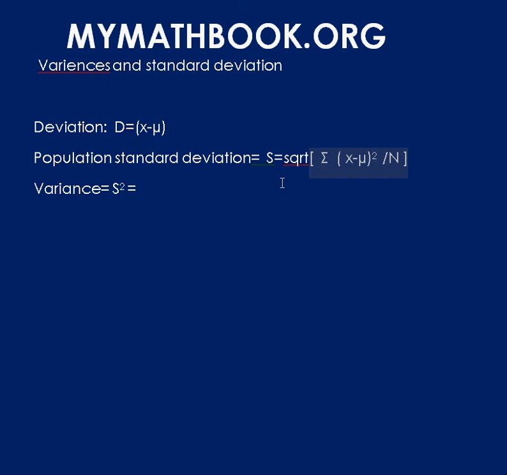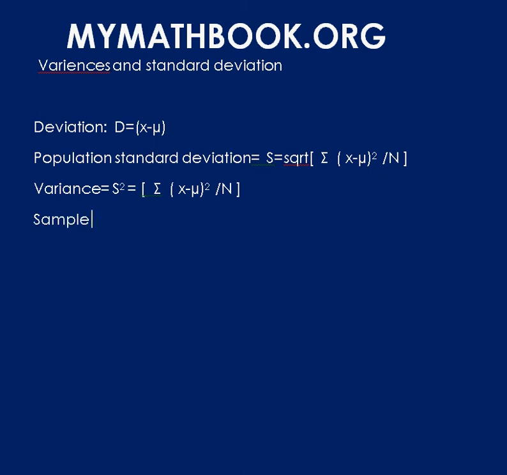So let's copy this. So that's the difference between the population standard deviation and variance. The variance is the square of the standard deviation. Here there's a square root, and in the variance there's no square root. So that's the difference between variance and standard deviation when it comes to the population. Let's go ahead and define the sample one.